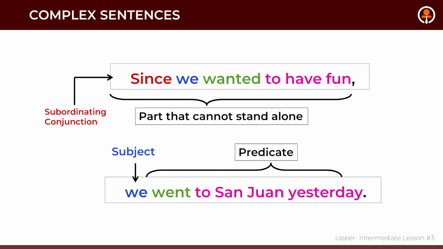But why did we go? Since we wanted to have fun. The first clause is dependent, because if we use it separately as a full sentence, it is pretty hard to understand its meaning, right? So that one is the dependent clause, and this one is the independent clause. So here is the part that cannot stand alone.